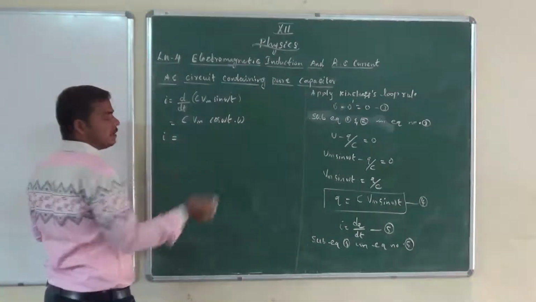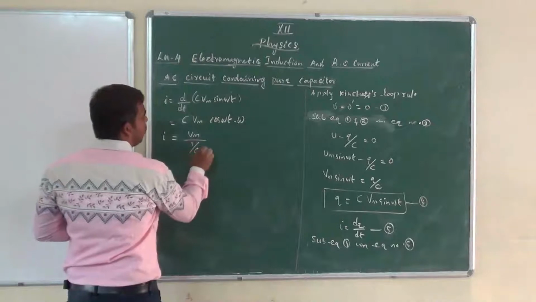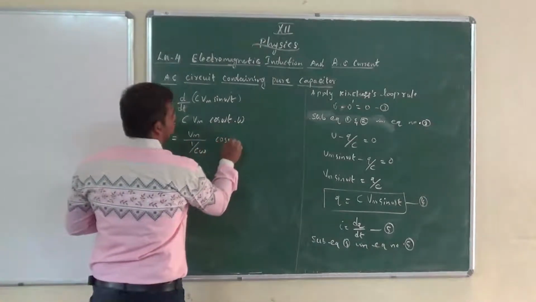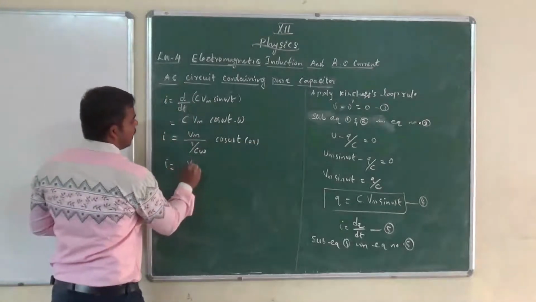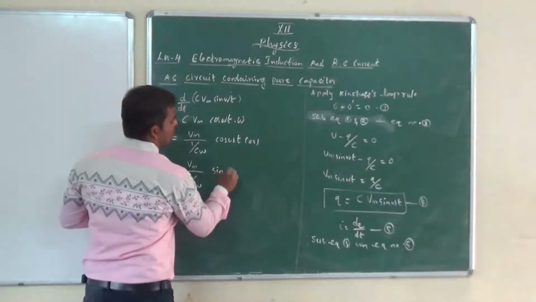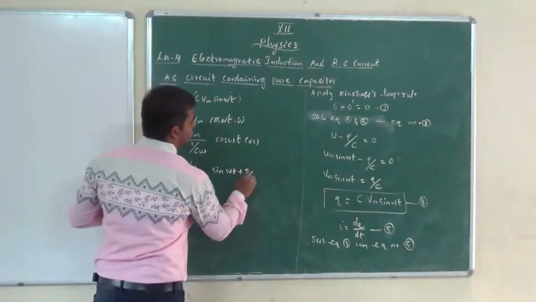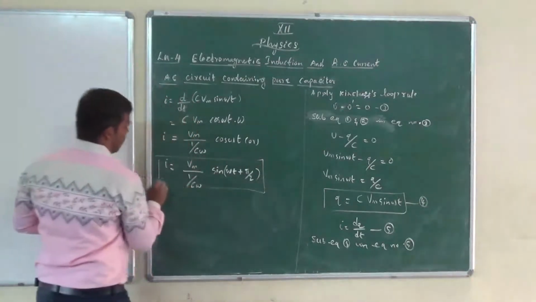See, I can change the equation. I is equal to Vm divided by 1 by C omega, cos omega t, or I is equal to Vm divided by 1 by C omega, sin of omega t plus pi by 2. This is our required equation.